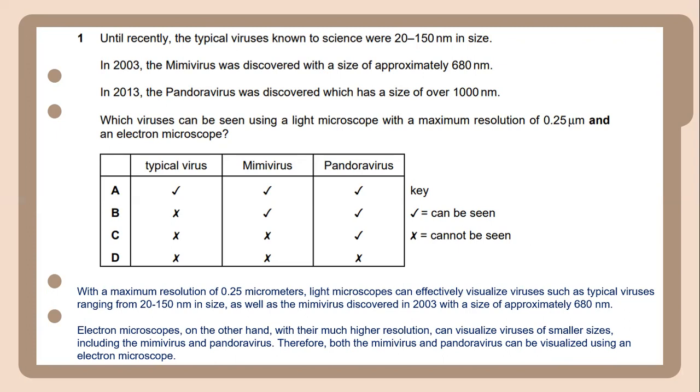Electron microscopes, on the other hand, with a much higher resolution, can visualize viruses of smaller sizes, including the Mimi virus and Pandora virus. Therefore, both the Mimi virus and Pandora virus can be visualized using an electron microscope. The answer will be typical viruses cannot be seen. Mimi virus and Pandora virus can be seen.